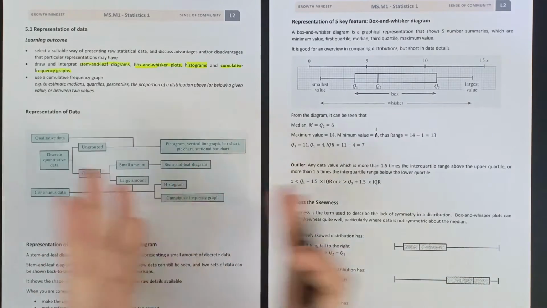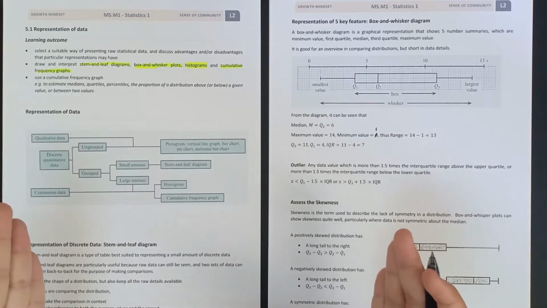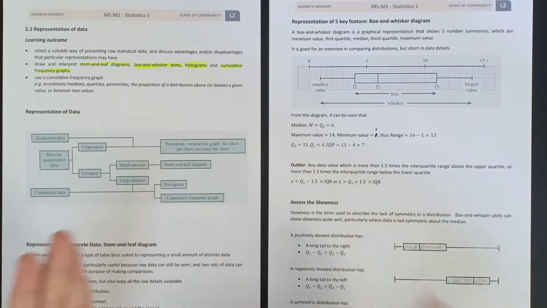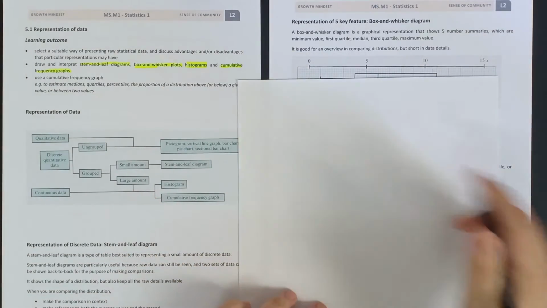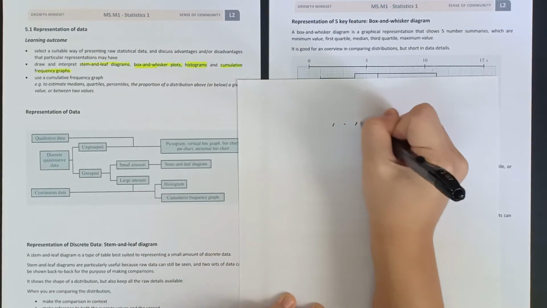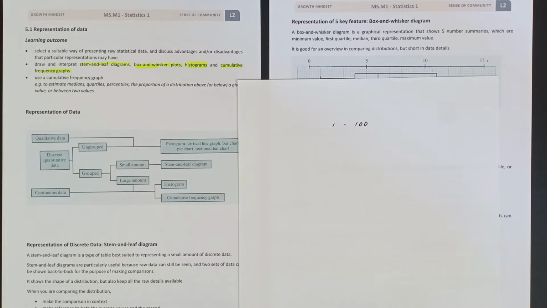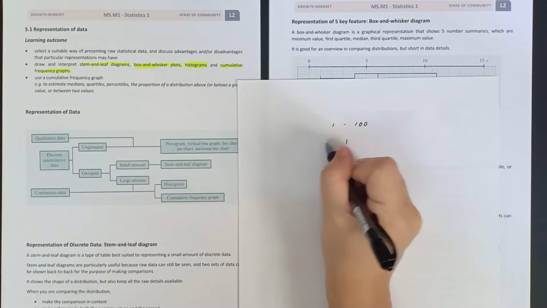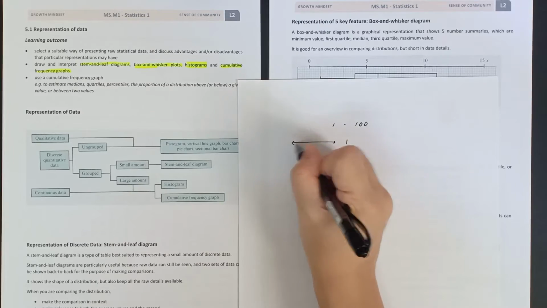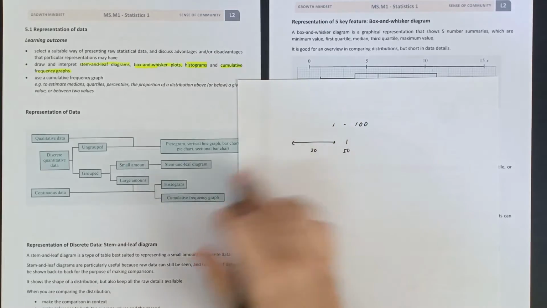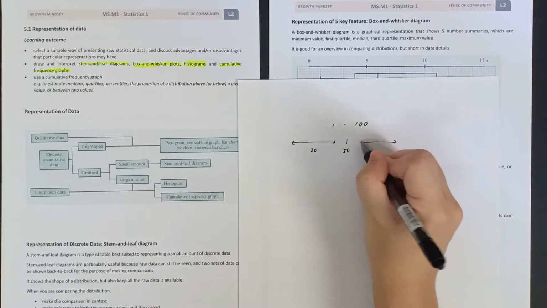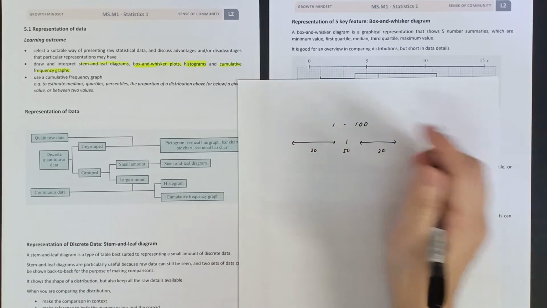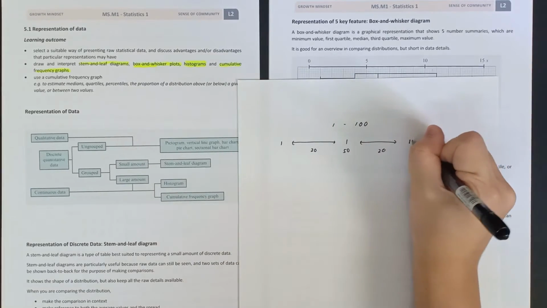If you have a set of data, for example, a range from 1 to 100, maybe my mean is 50. Then I have 20 numbers before 50 and another 20 numbers after 50. This is like 1 to 100.